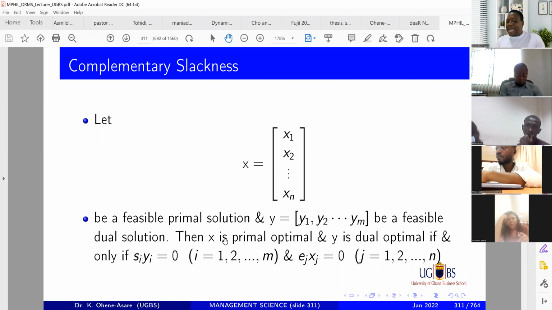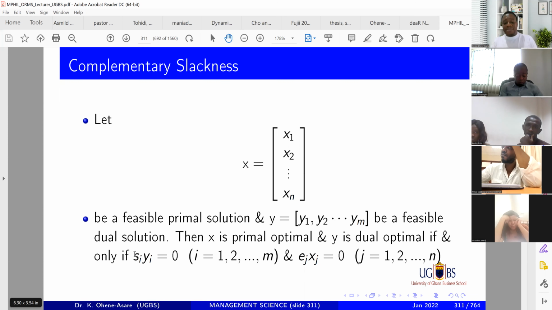Then in that case, X is primal optimal and Y is dual optimal if and only if, listen carefully, if and only if the slacks are 0 in both cases. That's what we've written there.